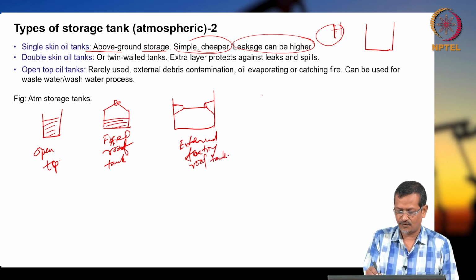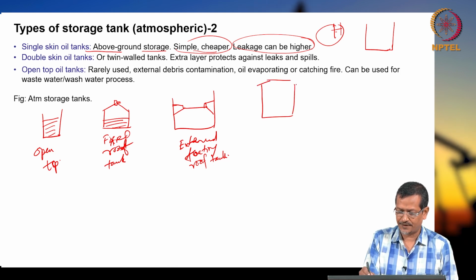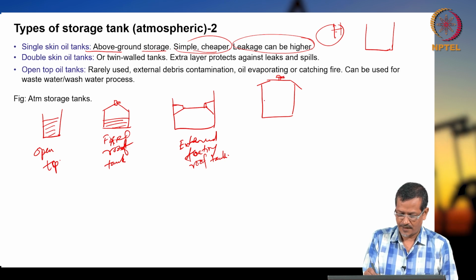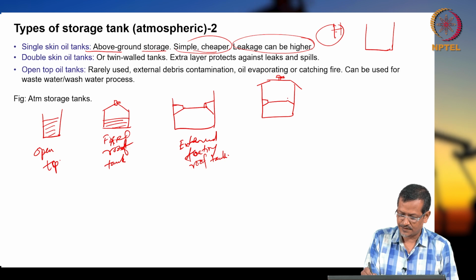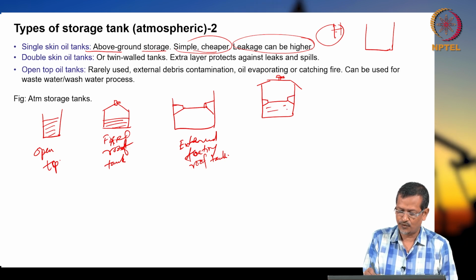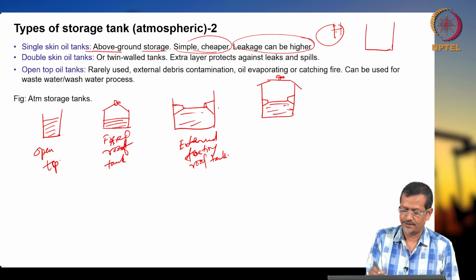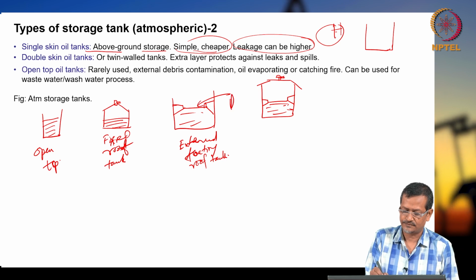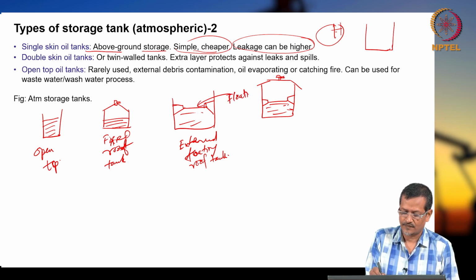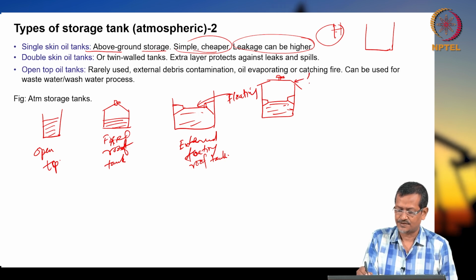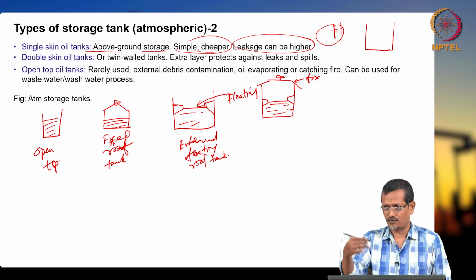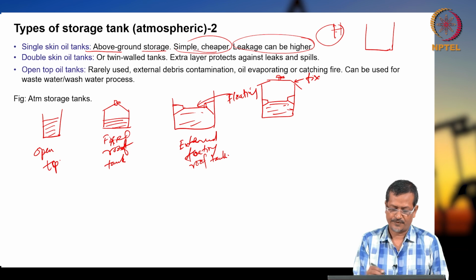Another way is the internal floating tank. Internal floating tank means one roof will be there, okay, and for flotation there is another roof, this roof will be floating. This one is floating. The upper one is fixed, not floating, and the lower one is floating, okay.